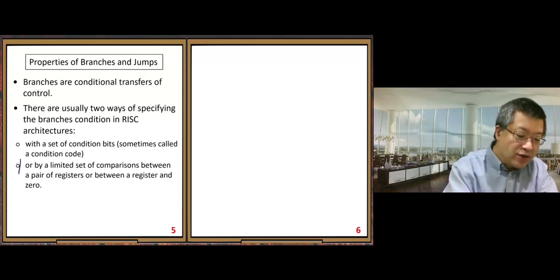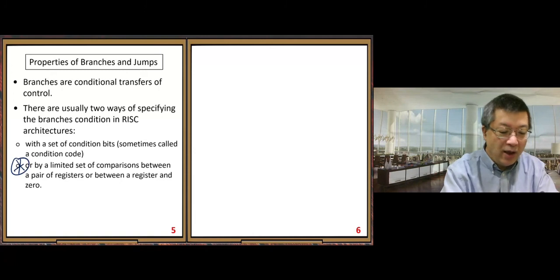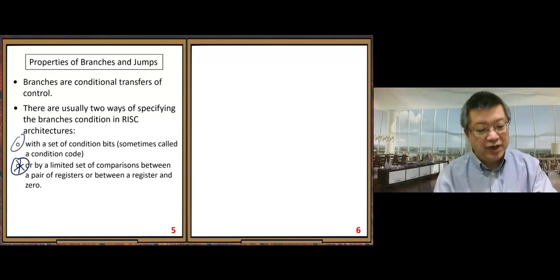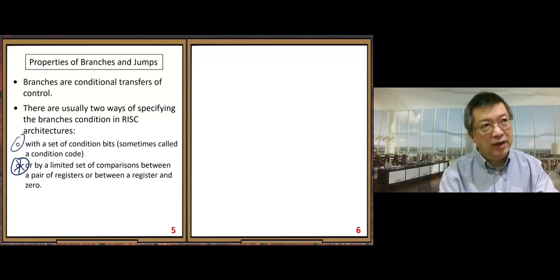We are familiar with this one, right? In our example, we talk about that, but we didn't talk about the first case. We do not have a specific example for it, so we do not discuss it.